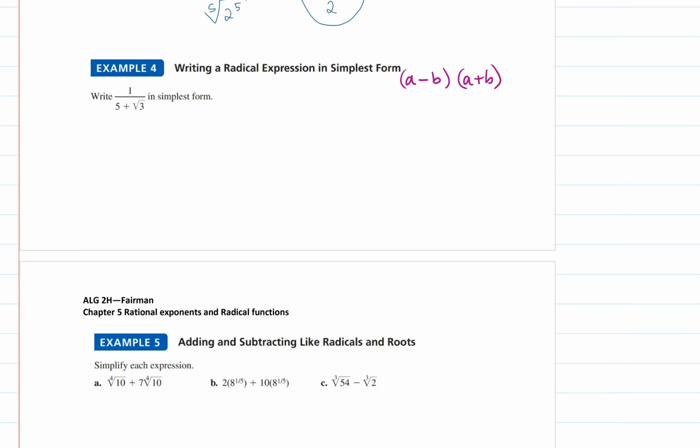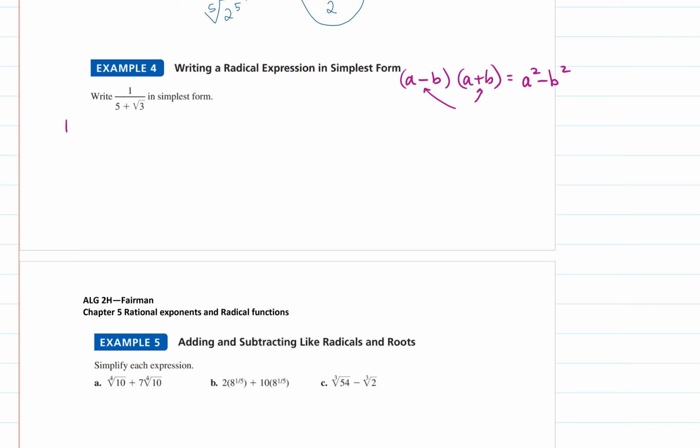So the a's and the b's are the same, but our signs in between them are different. When we FOIL those, we end up getting a squared minus b squared with no middle term. And not having a middle term is going to be important because we don't want to FOIL something and have root 3. If we just multiplied by root 3 in the top and the bottom of this fraction, we wouldn't get rid of the radical.